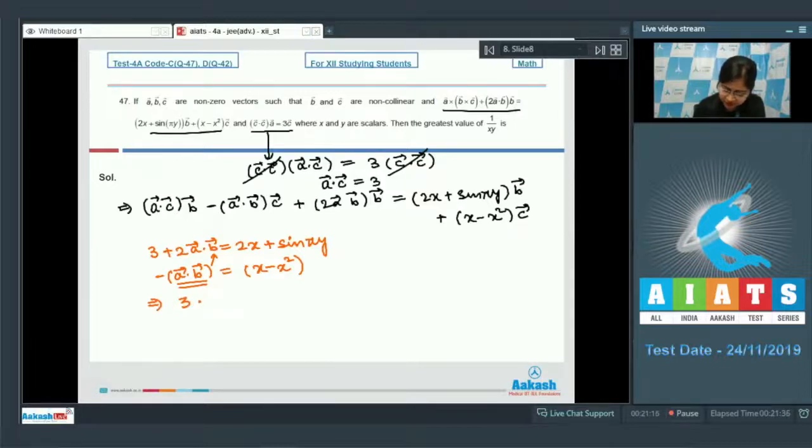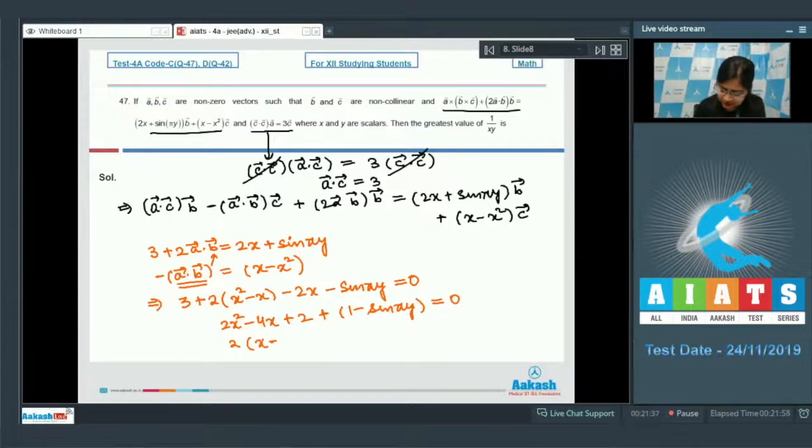So we get 3 plus 2 times (x square minus x) minus 2x minus sine pi y is equal to 0. That is 2x square minus 4x plus 2 plus 1 minus sine pi y is equal to 0. That is 2 times (x minus 1) whole square plus (1 minus sine pi y) is equal to 0.